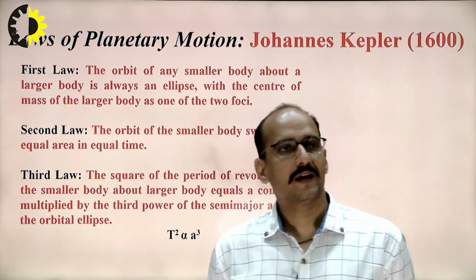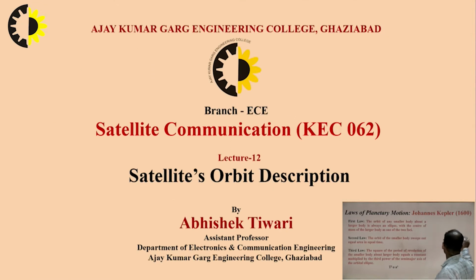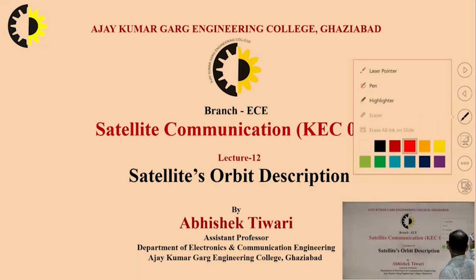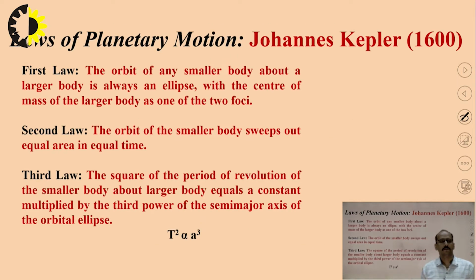So in the previous lecture, we started from Johannes Kepler. It is required here to understand all these equations once again, because without the basic information of these, you cannot derive the final equation. It started with Johannes Kepler, who gave the three laws of planetary motion, each law having an individual area.